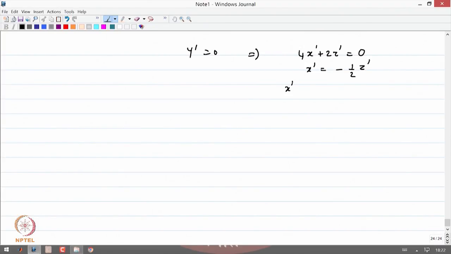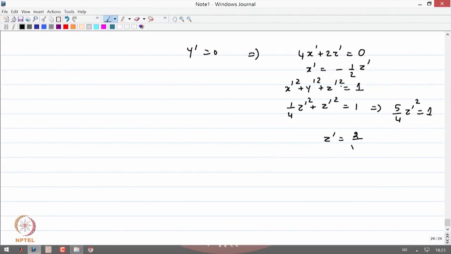So, if you write x prime square plus y prime square plus z prime square is equal to 1, then you get x prime square is 1 by 4 z prime square, plus y prime square is 0, plus z prime square is simply z prime square. This is equal to 1, which gives you 5 by 4 z prime square is equal to 1, or z prime is equal to 2 by root 5.